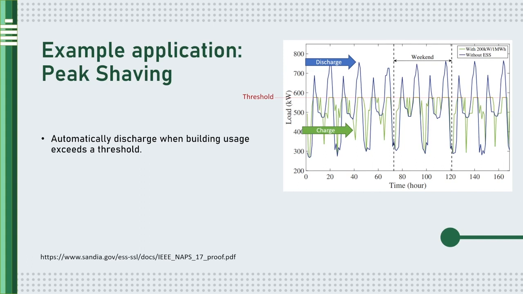So if you have an EMS and you can sense or predict when the building is going to be using the most power, setting that high water mark, any power above this threshold, you could discharge your batteries back down to this threshold. Similarly, when the building's not using much power, you can charge your batteries back up with that cheap energy, and you can safely charge until the building is using power up at this threshold.